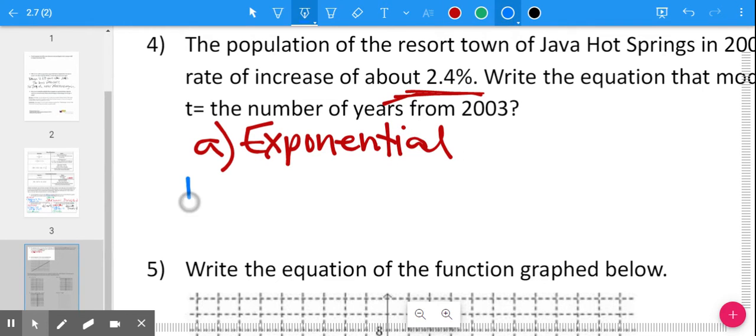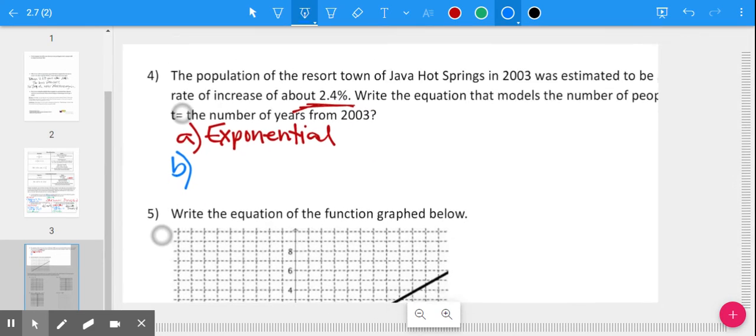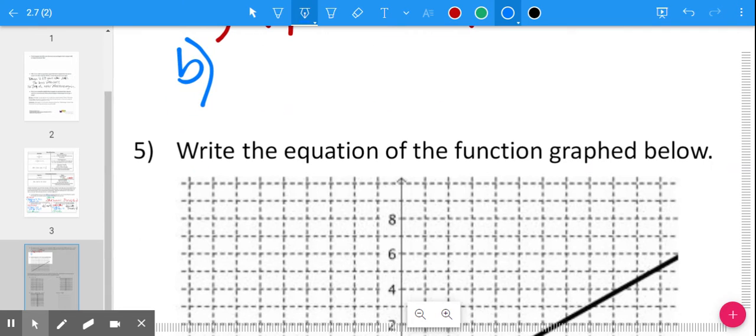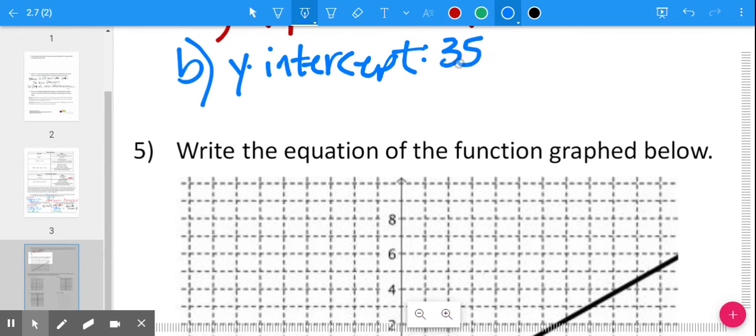So what does it give us? It gives us the initial population, which was 35,000. So y-intercept is 35,000. And it gives us the multiplier. So the ratio.